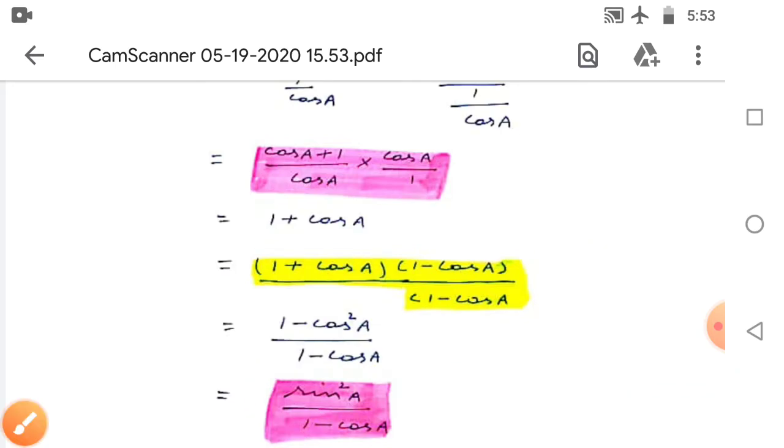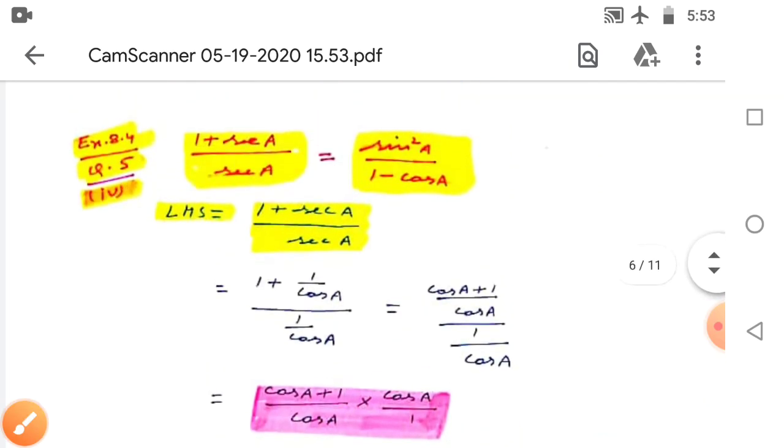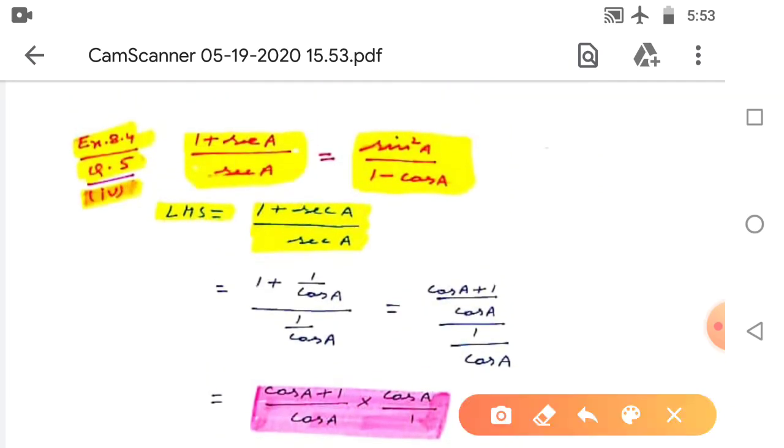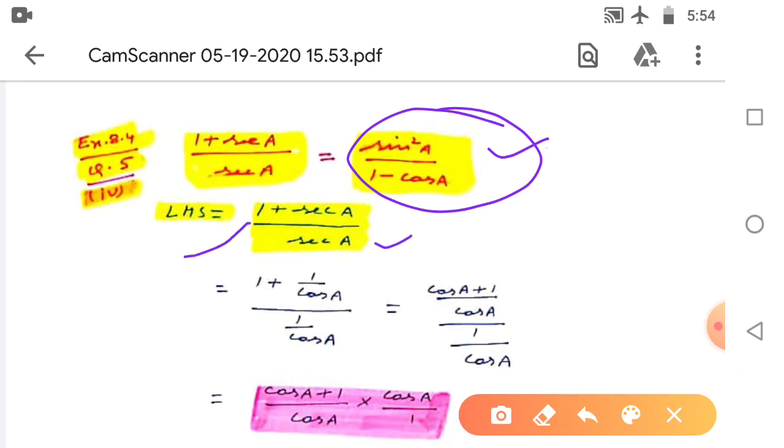Clear? So in these types of questions, we have to keep the RHS in mind after every step, that where I have to reach. If I am starting with LHS, where I have to go and how I have to move.